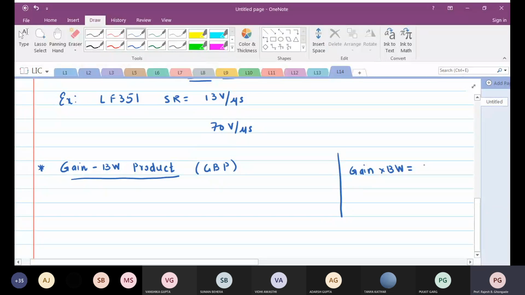We have already discussed this. Gain into bandwidth is always constant. So if you increase the gain, your bandwidth will reduce. If you decrease the gain, your bandwidth will increase.